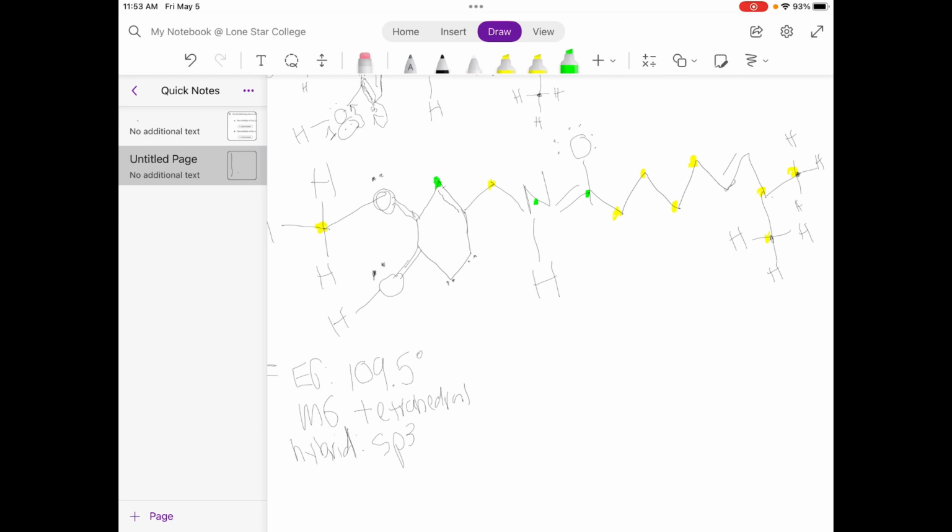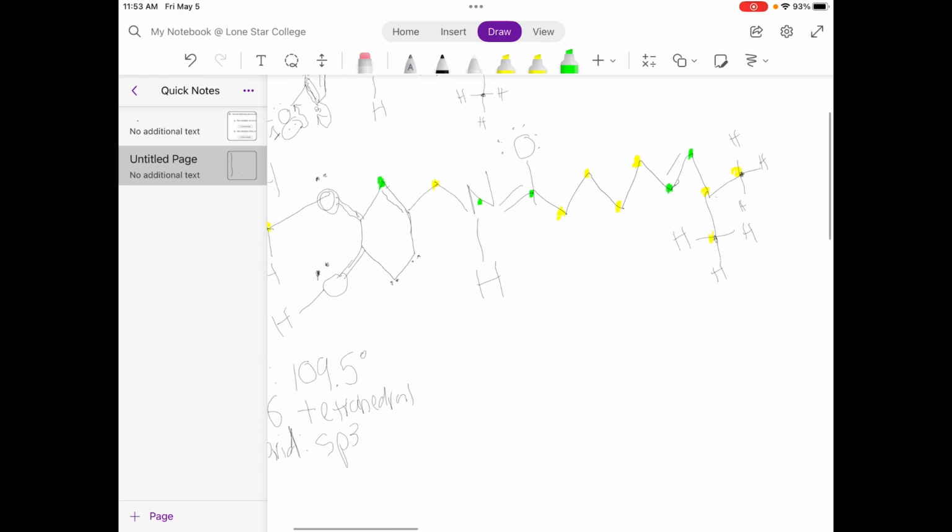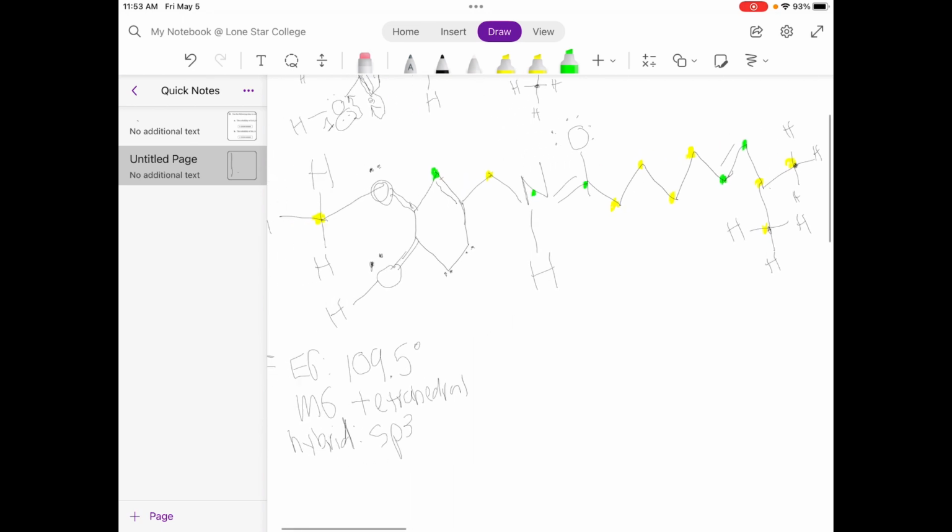So this is also a trigonal planar because there's an invisible hydrogen and it has 3 connections, but it still has 4 bonds. The carbon wants 4 bonds. This is the same exact concept as the other green. I think that's it for trigonal planar.